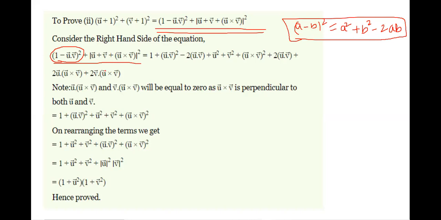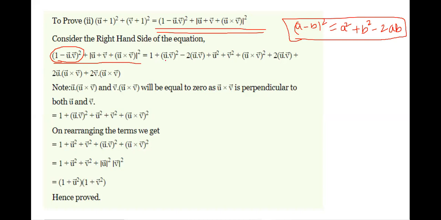So here we will just substitute the values: (1 minus u vector dot v vector) the whole square, and in the same way, the magnitude of (u vector plus v vector plus u vector cross v vector) the whole square.